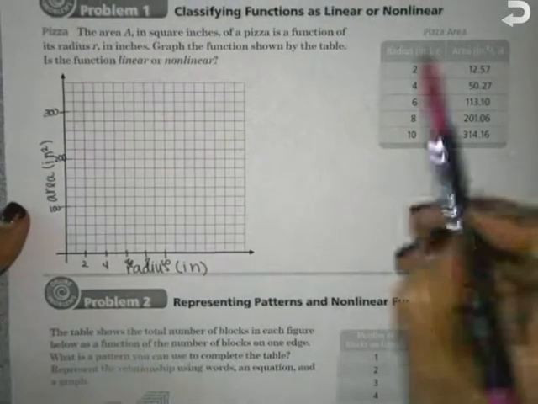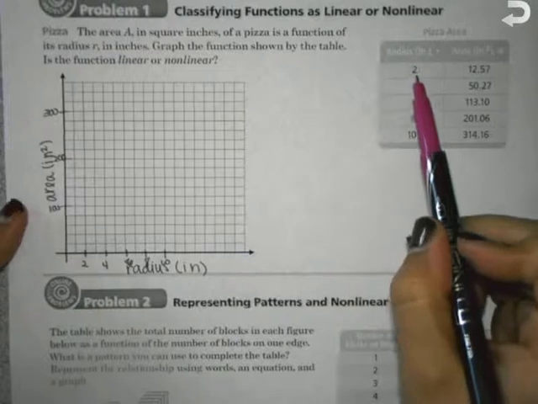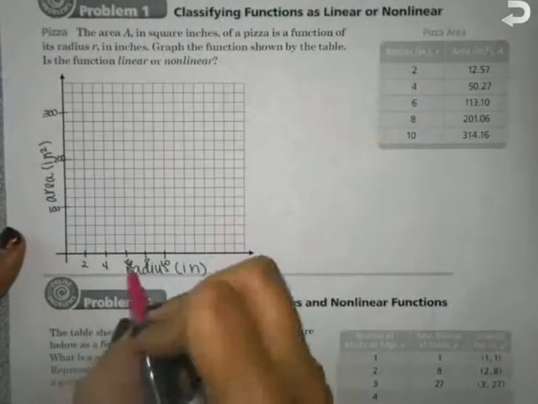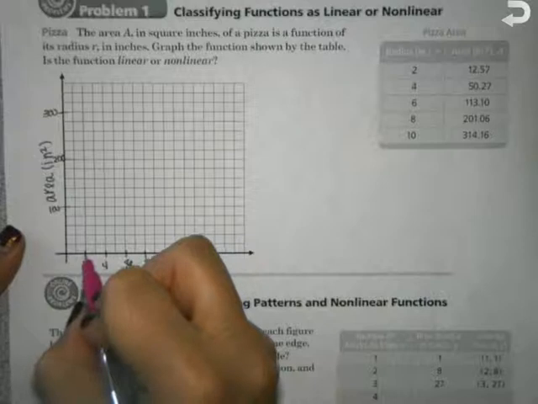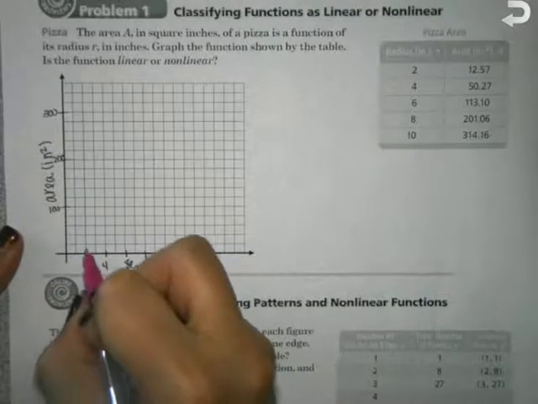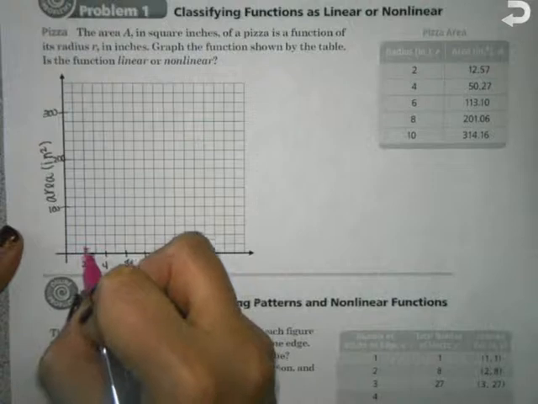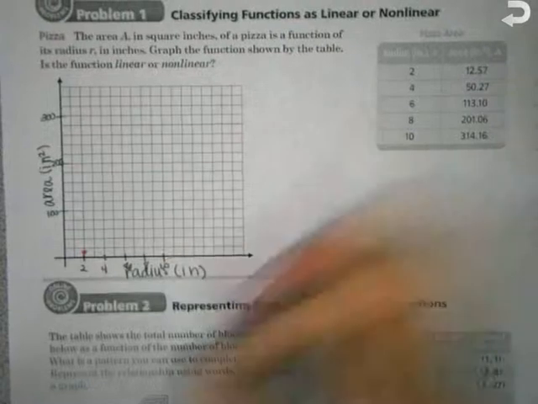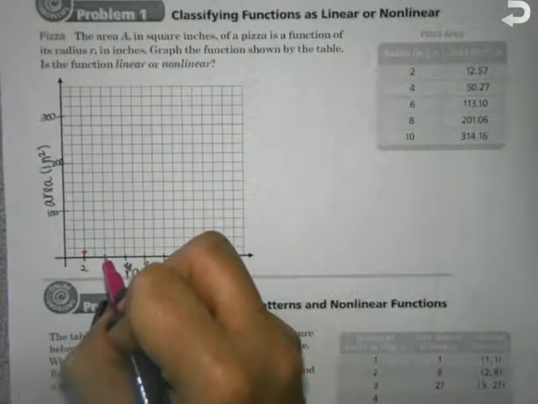Okay, so according to the table, if my radius is 2, the area is 12.57. So here's 2. Remember, the first line is 20, so 12 is going to be somewhere right here, kind of in the middle. When my radius is 4, the area is 50.27.